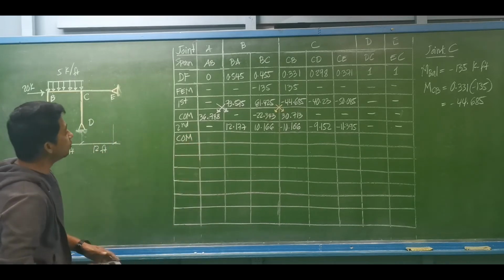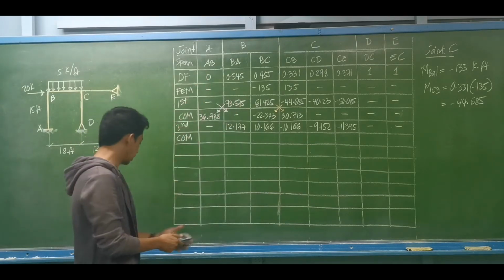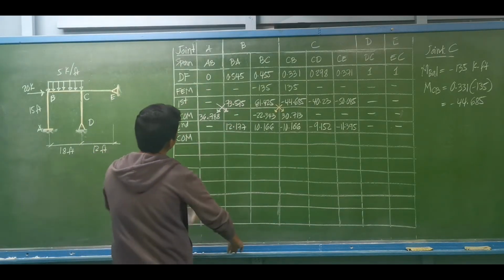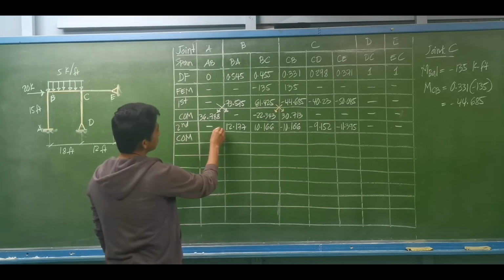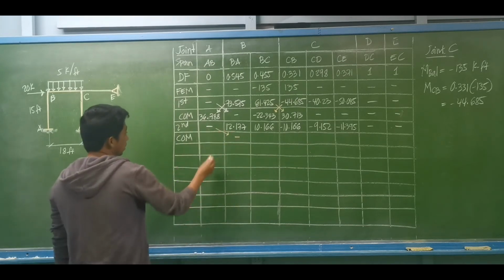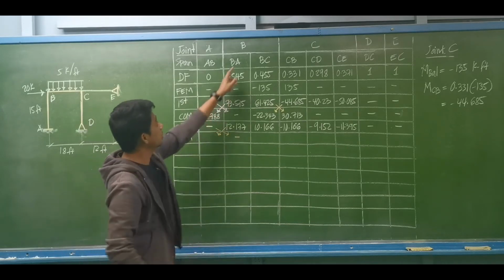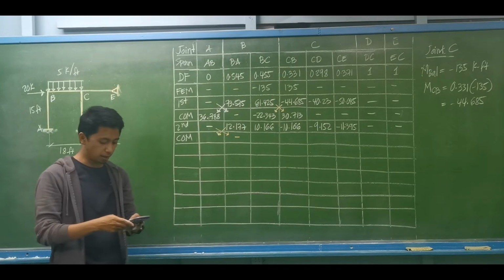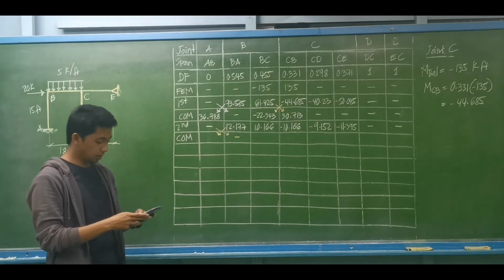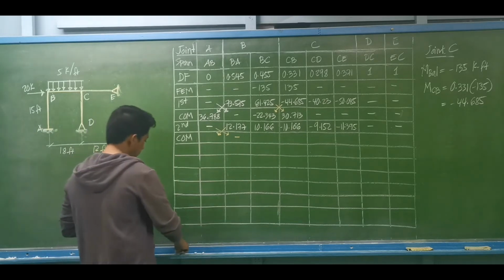So for the carryover, we are to transfer 1/2 of this value to its other end. So again, we have AB. What is the other end of AB? That is BA, but this value is 0. Then we transfer 1/2 of this value to the other end. So what is 1/2 of 12.177? It is equal to 6.089.